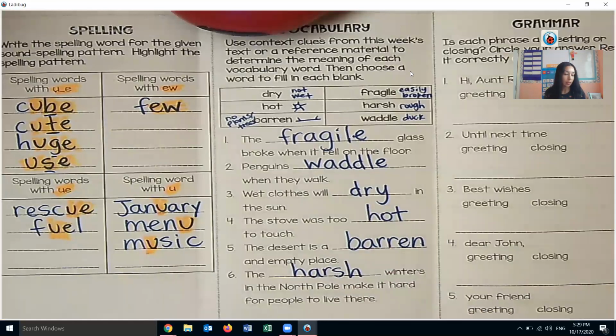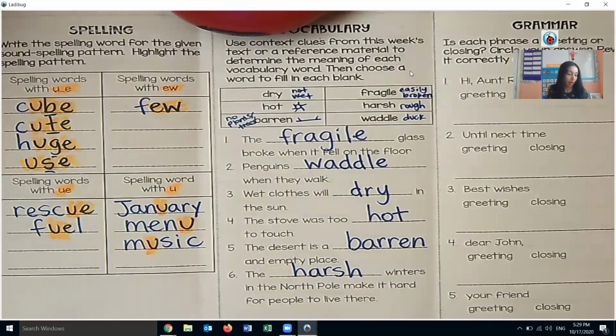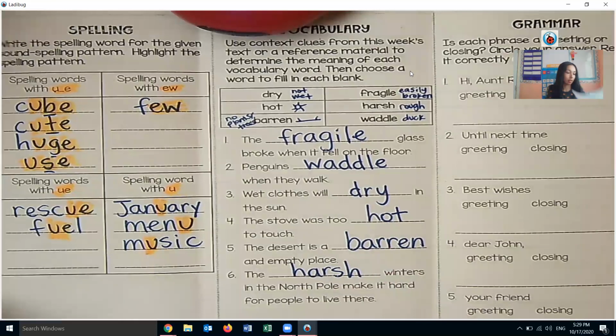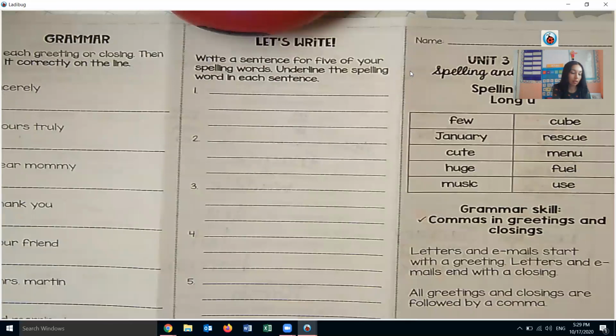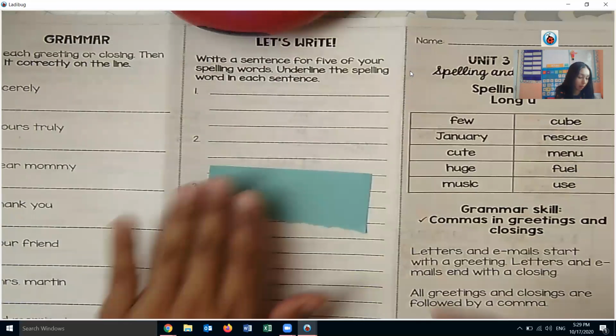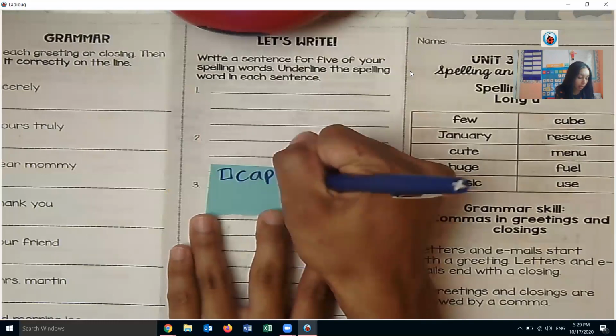Okay, so the last piece for our pamphlet or homework is your sentences. That's in the back here. You get to write 5 sentences for your spelling words, and you want to remember to write a capital letter at the beginning of each sentence.